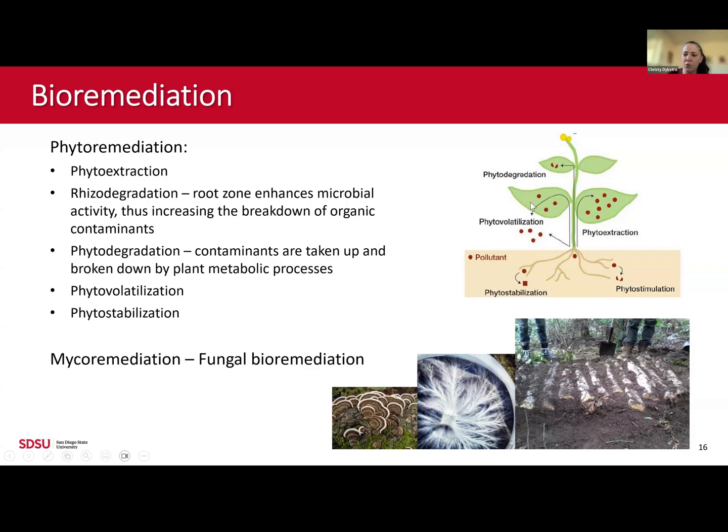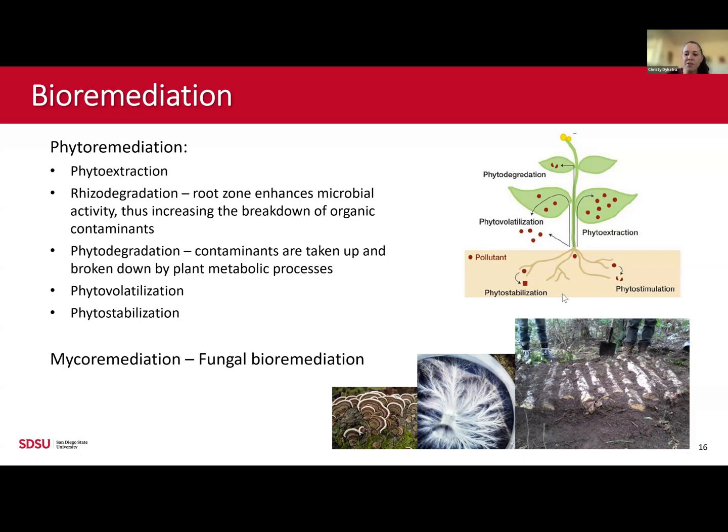You can have phytovolatilization. This is where now, once that chemical has been taken into the plant tissue, it can be volatilized off of that tissue in sort of the same form that we have transpiration that happens off of vegetation. And then we can also have phytostabilization, which is kind of the same thing that stabilization is to us earlier in the presentation.